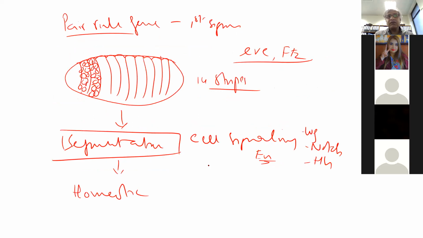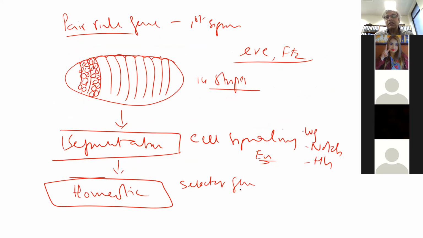Later on. But at this stage, when the embryo is hardly 5 to 6 hours old, a special class of genes, which we also call selector genes, are called homeotic genes, because if a homeotic gene is mutated, you get one body segment transformed into another.